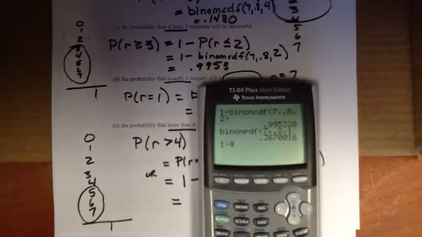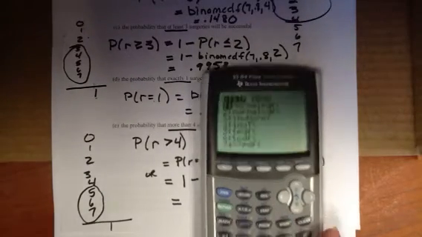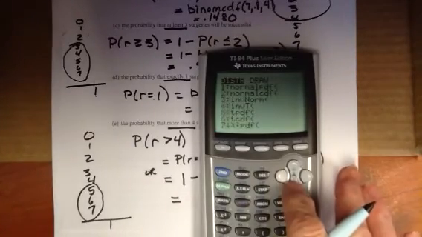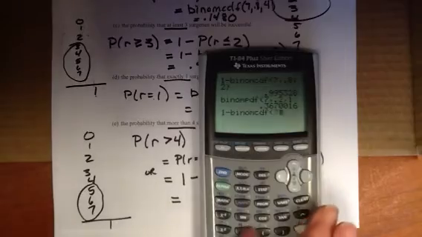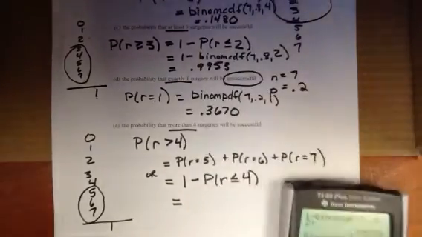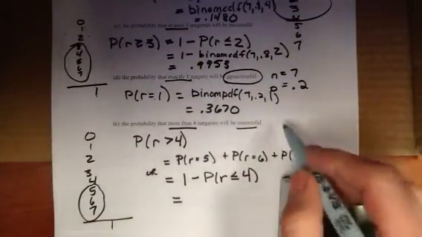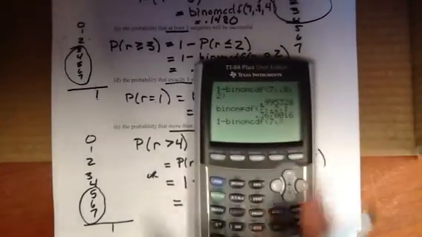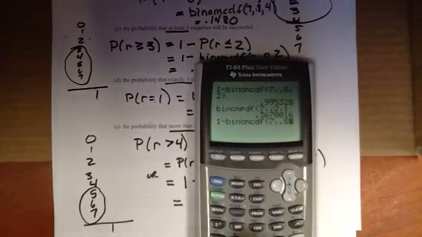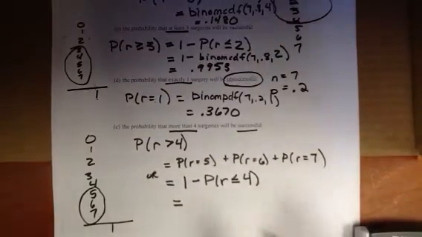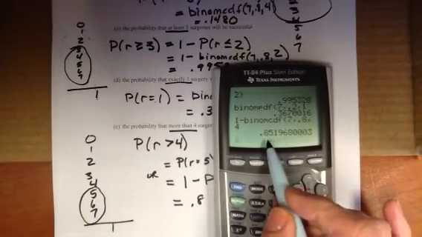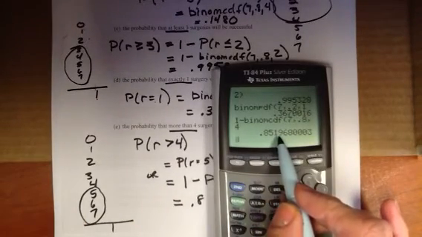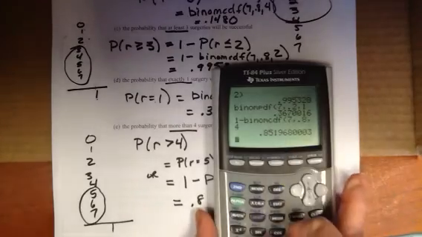So I do 1 minus, go all the way down to binom CDF, and we'll do 7, comma. Now we're doing successful, so we're back to P equals 0.8, comma, 4. Okay, if I do 4 decimal places, 0.8519, the 6 tells me to round up. So this 19 goes to 20, 0.8520.